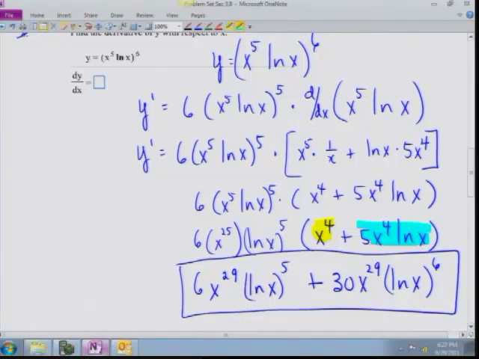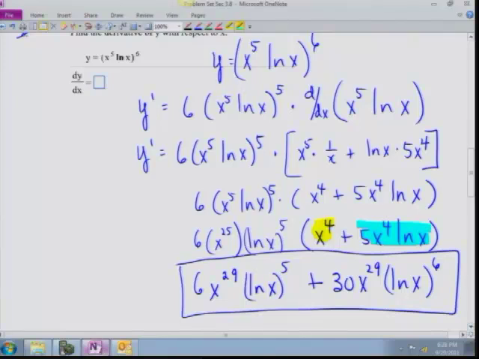I'm just wondering why you wouldn't multiply that whole thing by x to the 4th. You get 6x to the 29th, ln x to the 5th, plus. You add the exponents when you multiply them. So when you get 6x to the 25th times x to the 4th, it makes 6x to the 29th.